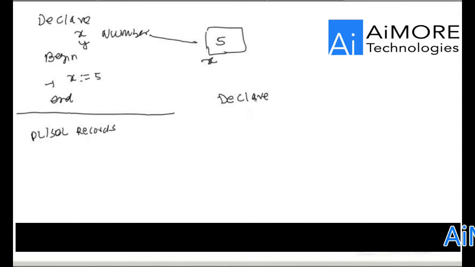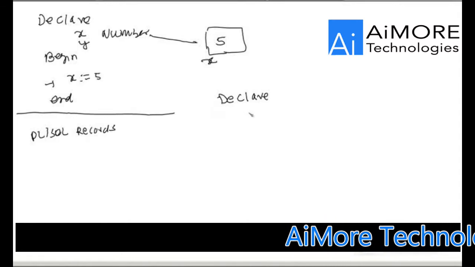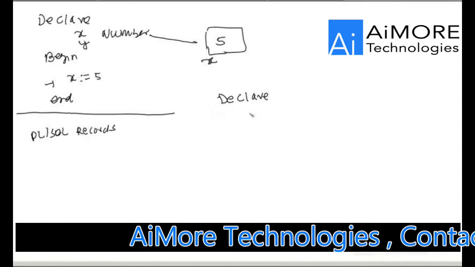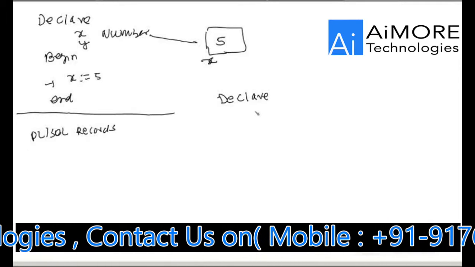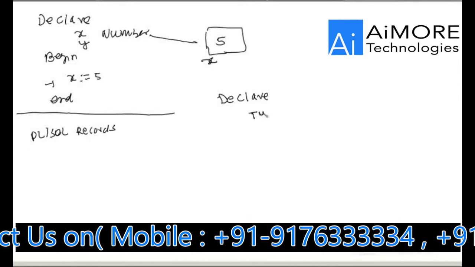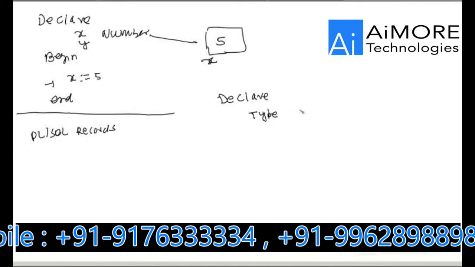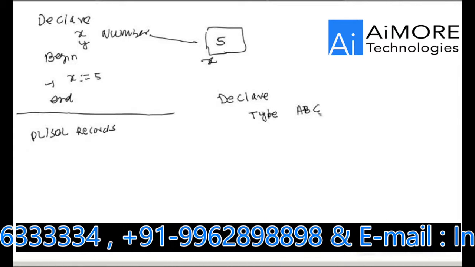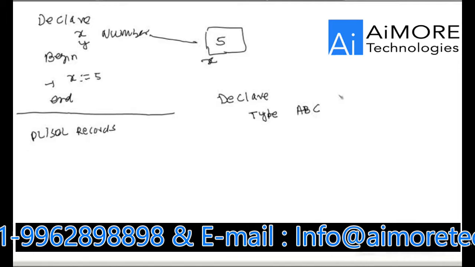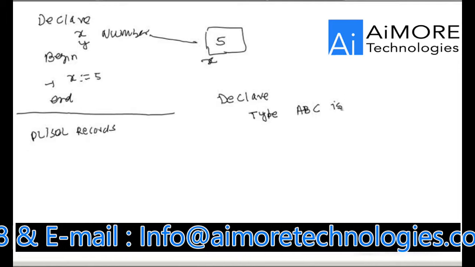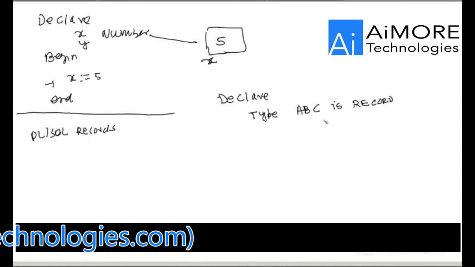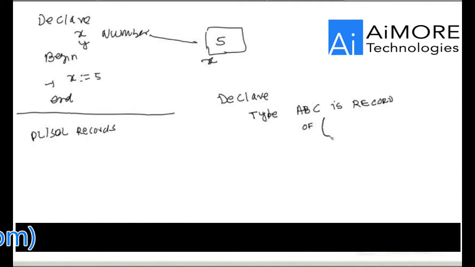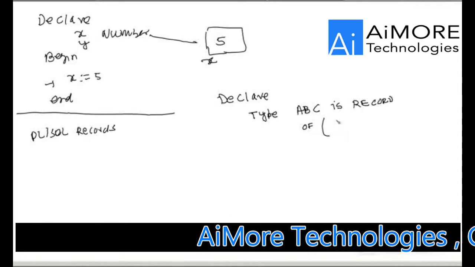I declare, and first, the way that you define a class or a structure, first is the definition of your abstract data type. And that is done by saying type ABC. The ABC is the name of my abstract data type. And then I say ABC is a record of, and inside this I'll tell what the elements of that abstract data type are.